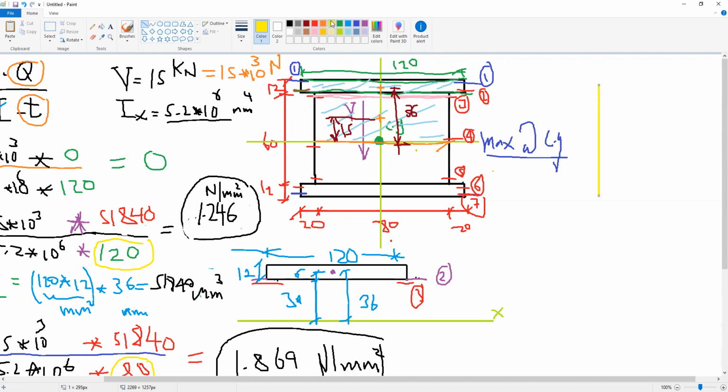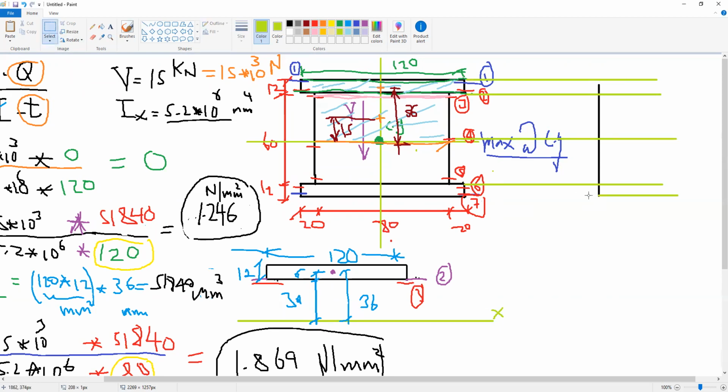Then we have some guidelines. Guidelines will be at the sections we calculated at. So we have section 1, section 2, and the section at max, and sections 5 and 6, and section 7. We don't have to extend like this.